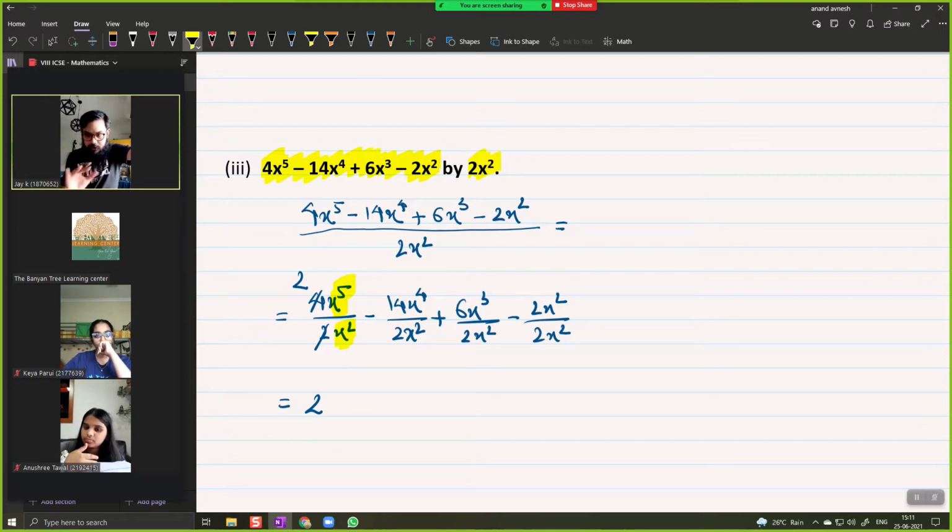Above you have x into x into x into x into x, and below there is 2, so the x's below will cut the x's above. Above there were already 5 x's, 2 went away, how many will remain? 3, right? So you will cut these and you will get x cube. So write 2x cube over here. Understood? This is how you do it directly.